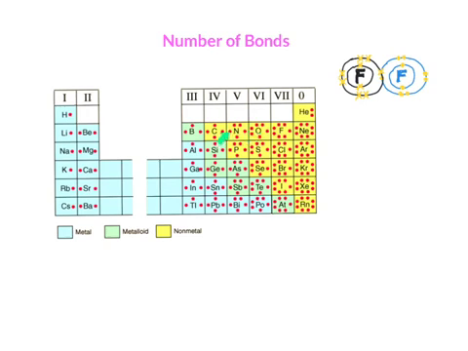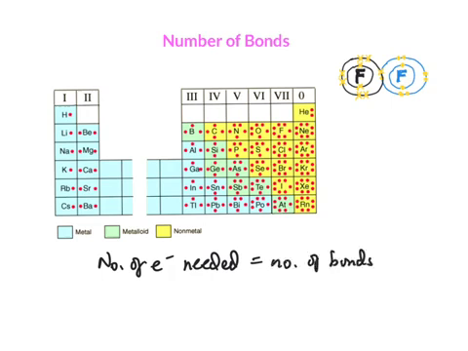Nitrogen needs 3 electrons, 1, 2, 3, and these will be in electron pairs to have a full outer shell. So it will have 3 bonds, and carbon needs 4 electrons, and so it will form 4 bonds. And so the number of electrons needed is equal to the number of bonds formed.